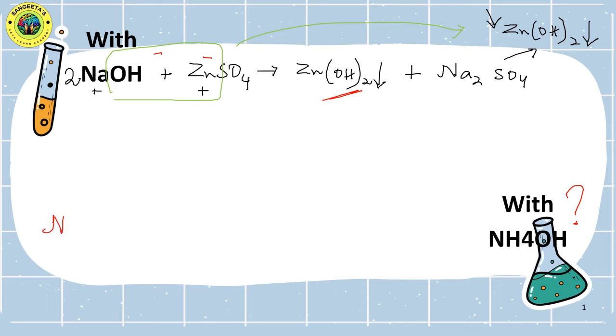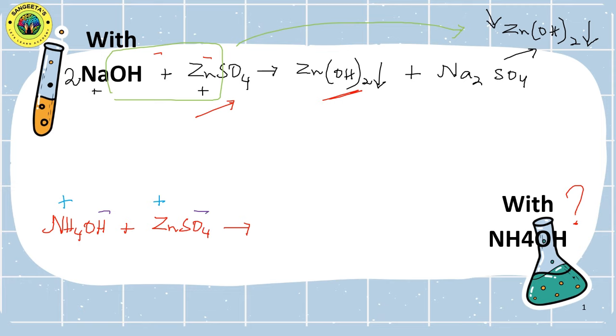Now, with NH4OH, how will you get the same product, which is Zn(OH)2? So let's see with NH4OH, and we'll take the same ZnSO4. Even if you can't realize what is happening, this is plus and this is plus. Ammonium ion is plus and metals are plus, and this is minus and this is minus.